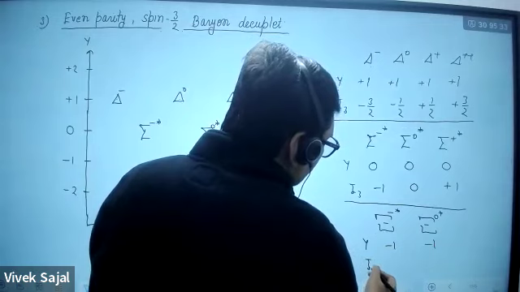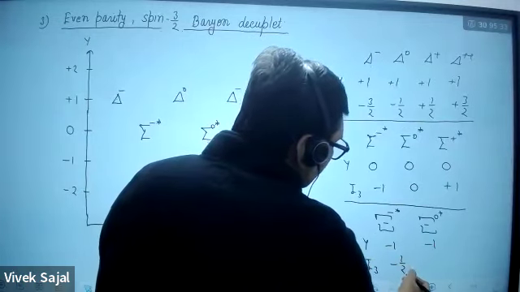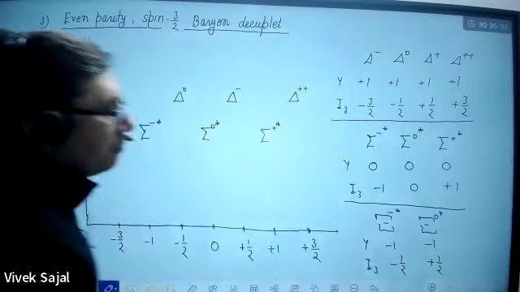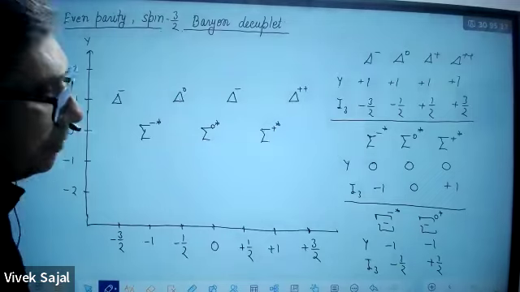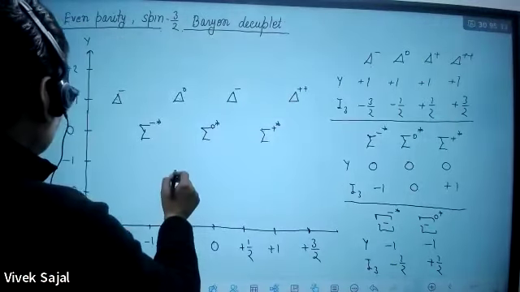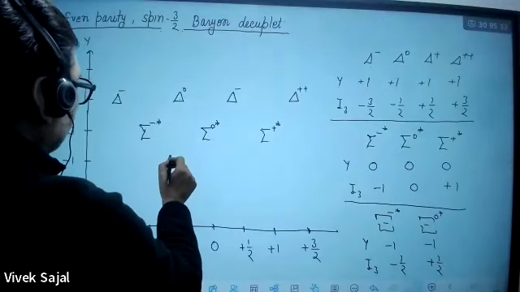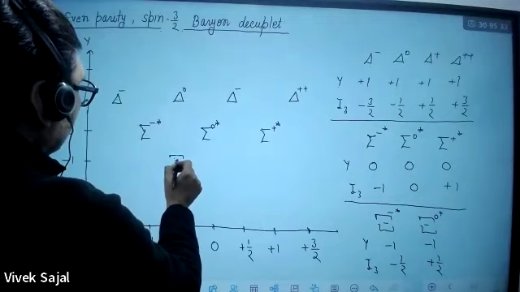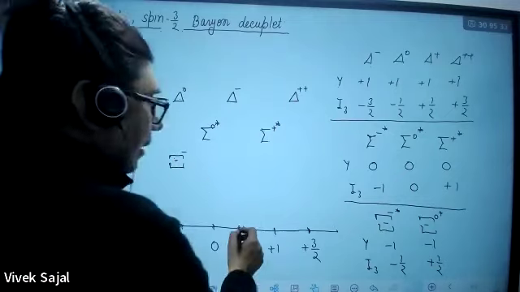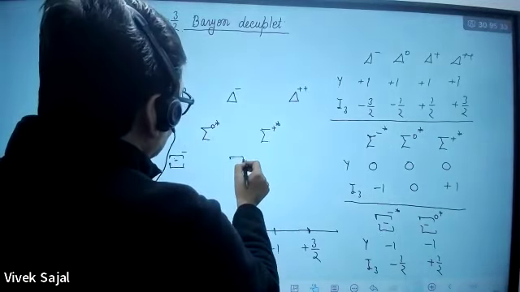And this is I3: -half and +half. So -half and -1 will be here, so this will be cascade negative. And here this is +1, and this will be cascade neutral.